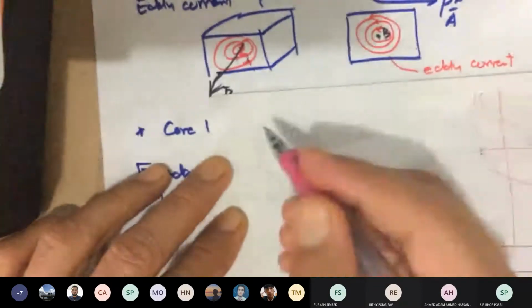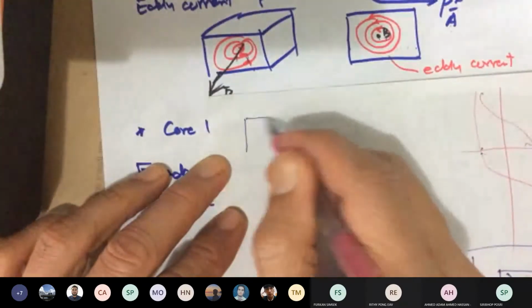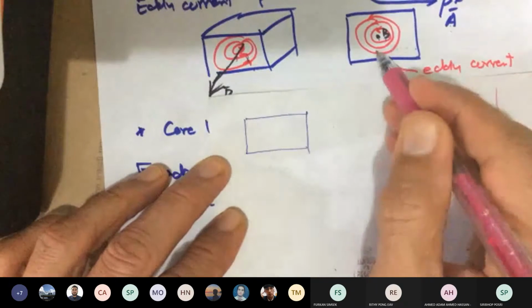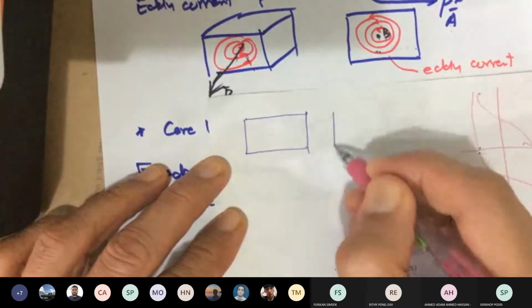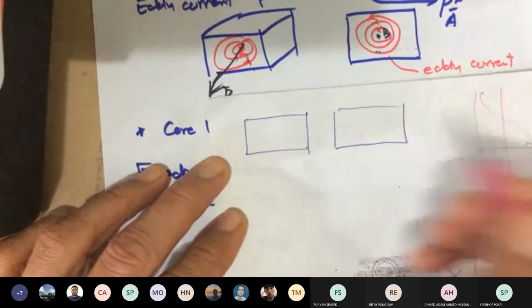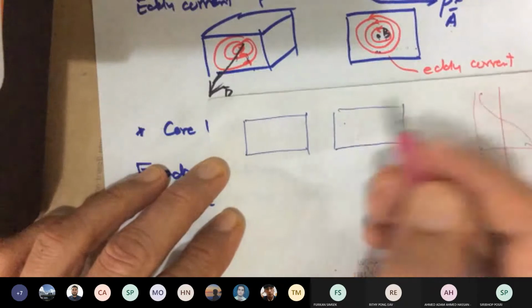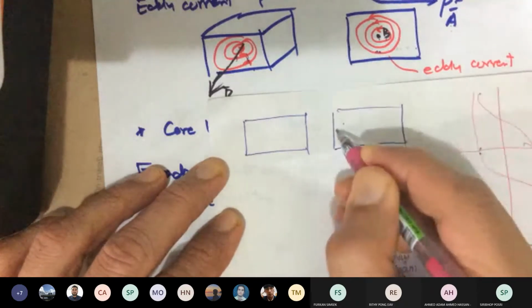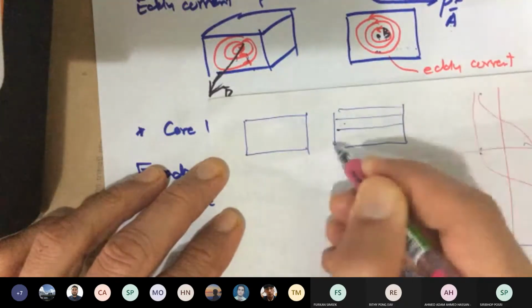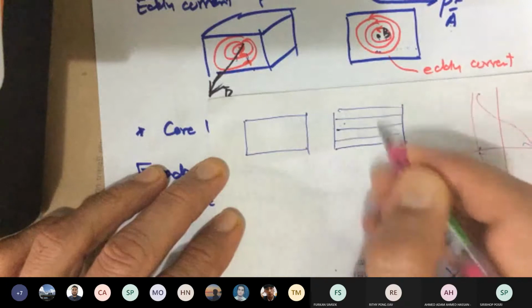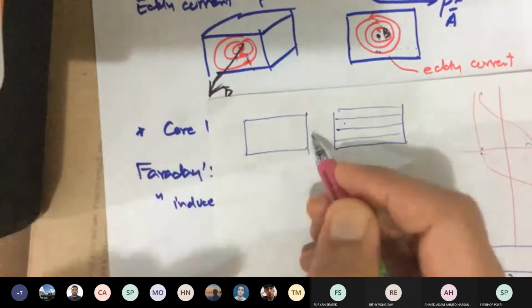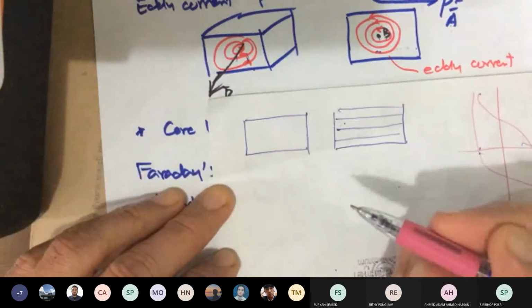So assume I have two pieces of core, this only the top view of the core. Another one is like this. But the second one, I break into, let's say, 4 parts using lamination. This one is a whole chunk of iron.